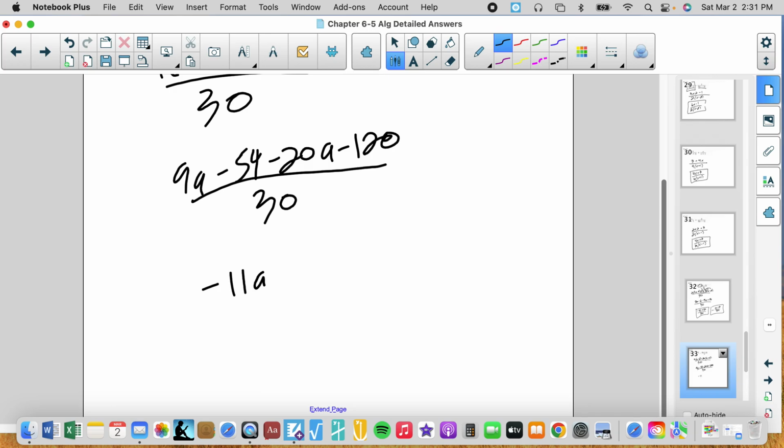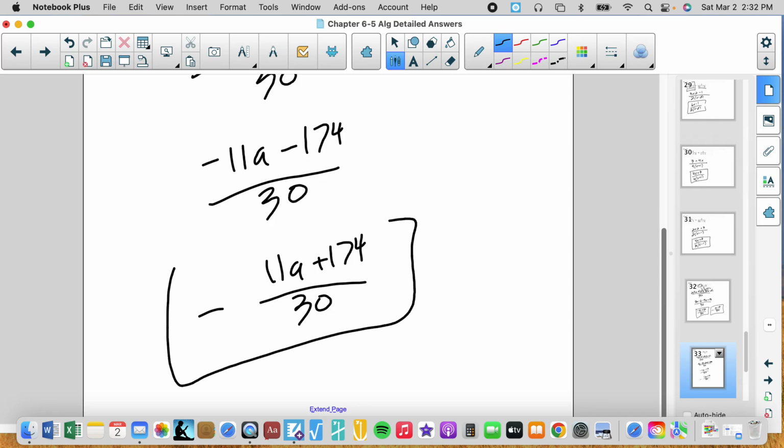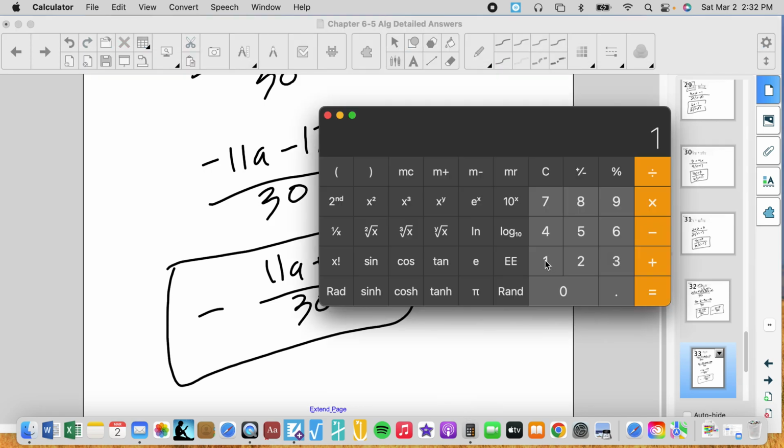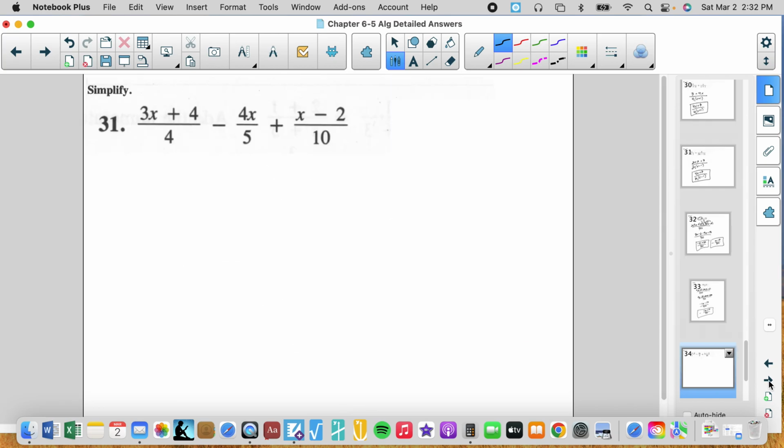Negative 11a minus 174 over 30. Let's factor out that negative. I would definitely do this one, 11a plus 174. I don't think that's a factor of 11. Pretty certain. 174 divided by 11 definitely isn't. So no common factor, we can't factor it.